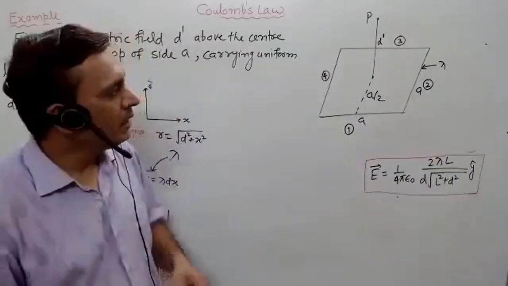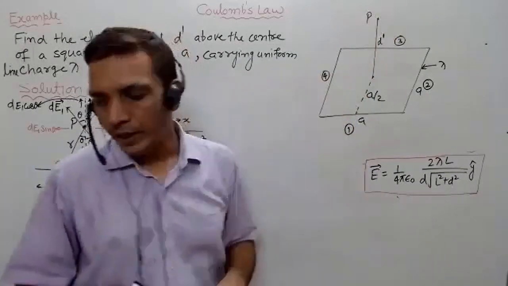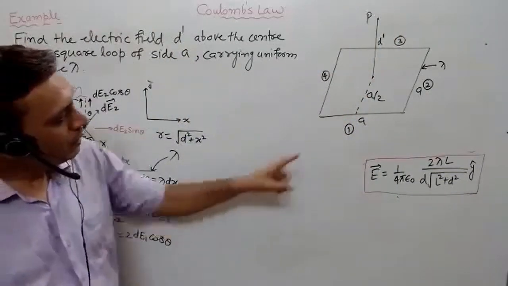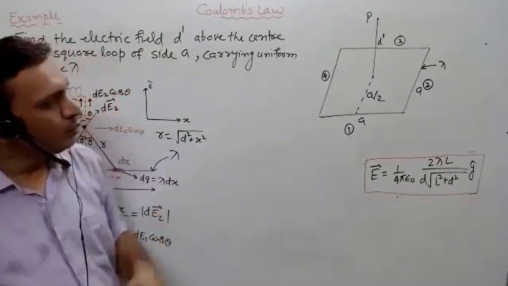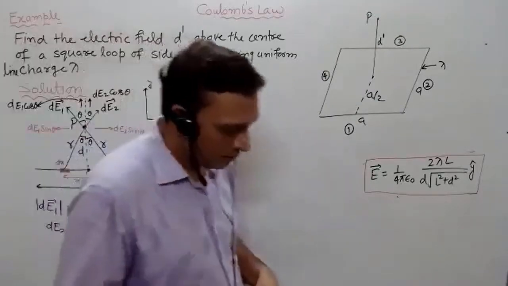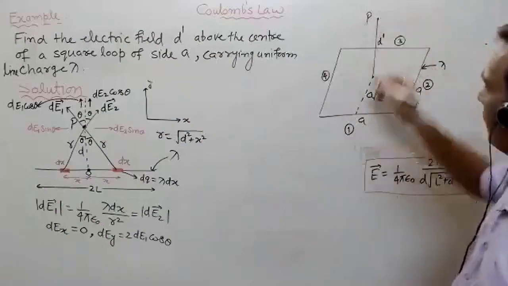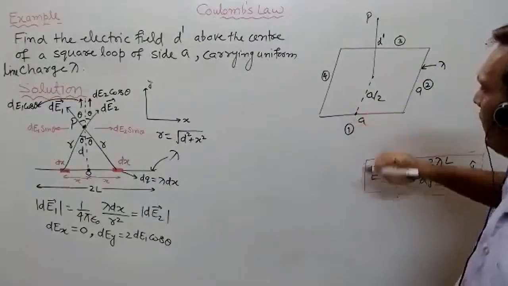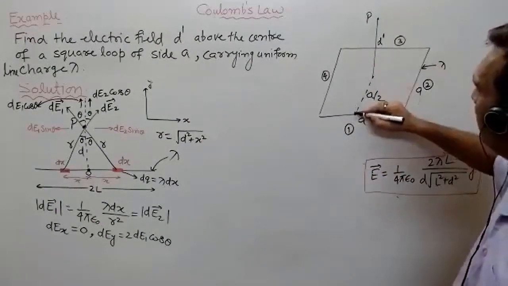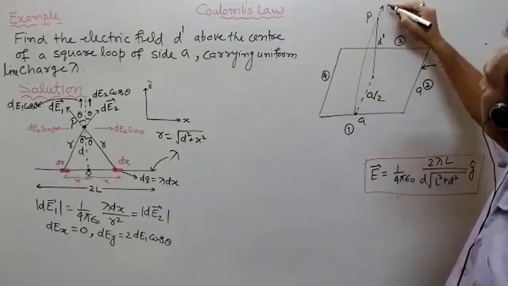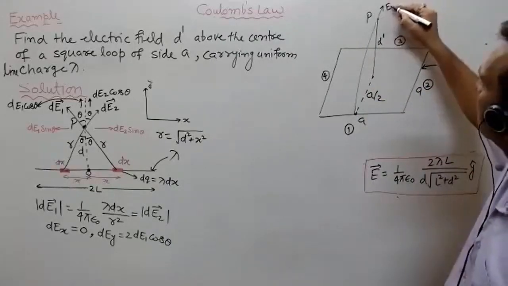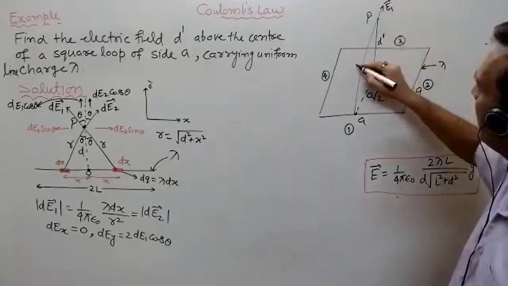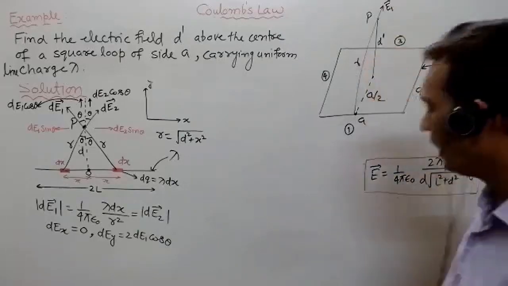Due to each segment you have to find the field at point P. So what will be the electric field due to segment 1? Now this is the midpoint, and you have to find the field at this point. This is E1. Is it clear? And take this distance as small r.